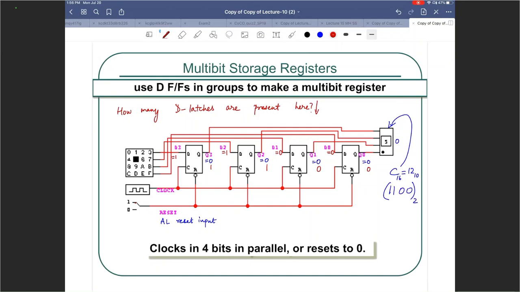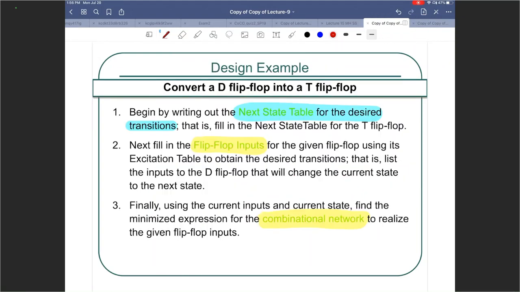But I need a flip-flop first, right? So if I have one D latch, I need to put it in the master-slave configuration to get a flip-flop. So I need 2 D latches per flip-flop, isn't it?